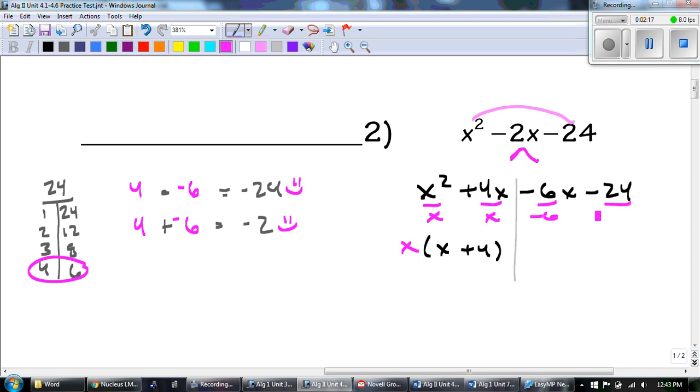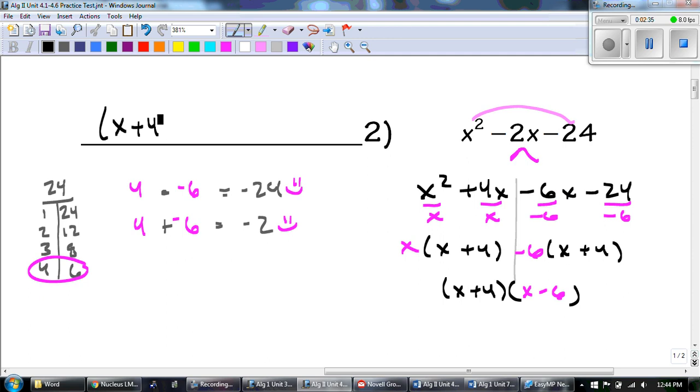I take a GCF out of my second group, which is a negative 6, and then I'm left with x plus 4. So woohoo, we did it right. X plus 4, and then my other binomial is x minus 6. So our final answer, x plus 4, x minus 6. We're going to make that look a little bit nicer. There we go.